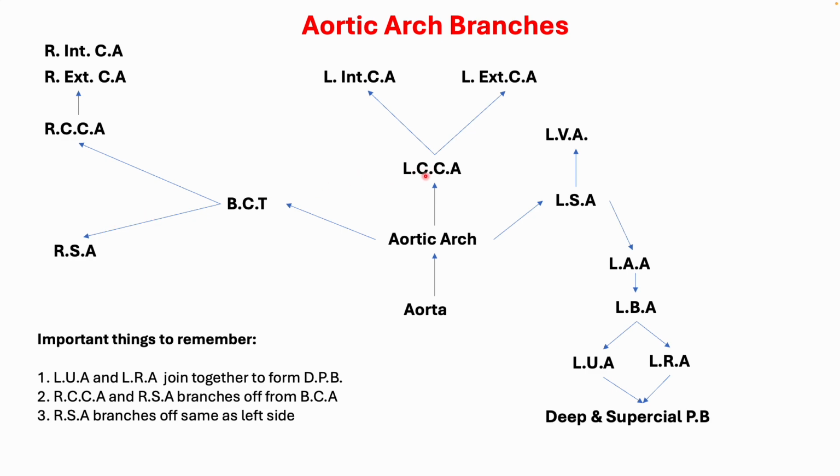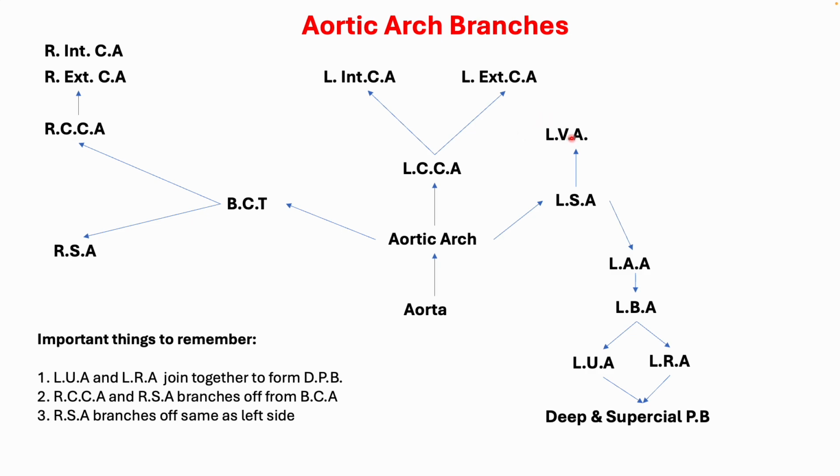From the common carotid artery, we have two possibilities: the internal and external carotid artery. Of course, there's left and right side. The internal is important for supplying the anterior portion of the brain, the front part of the brain, compared to the vertebral artery, which branches off from the subclavian artery.